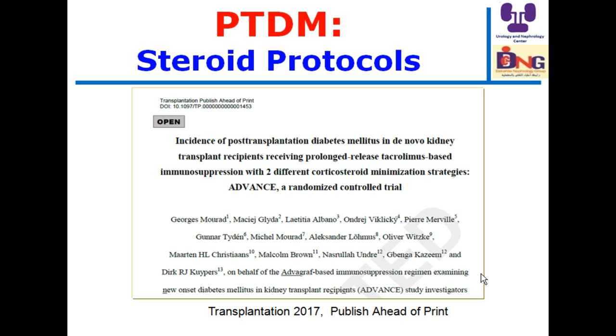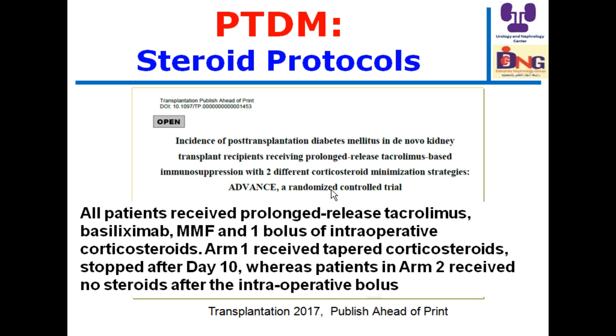Again, this is the steroid protocol: incidence of post-transplant diabetes in the de novo kidney transplant recipients receiving prolonged release tacrolimus-based immunosuppression with two different corticosteroid minimization protocols. This is the protocol. All patients received prolonged release tacrolimus, Basiliximab, MMF, and one bolus of intraoperative corticosteroid.